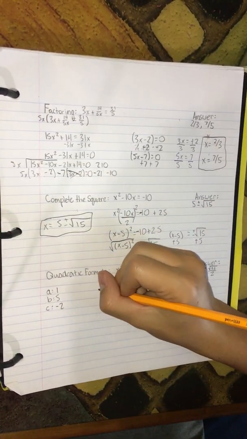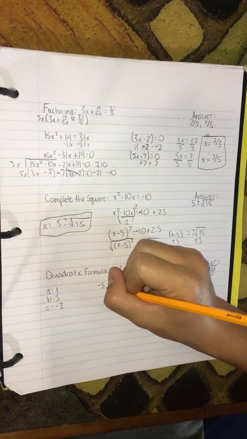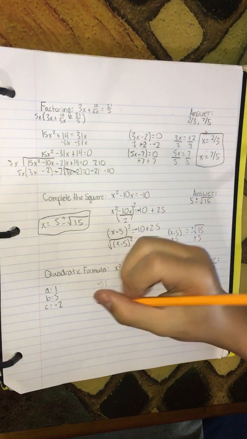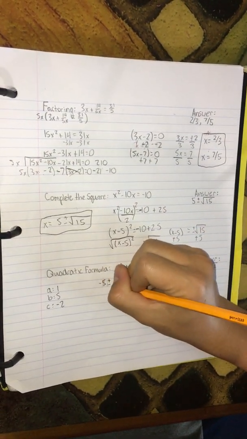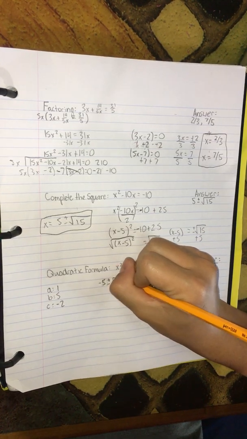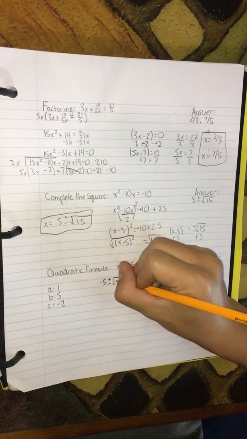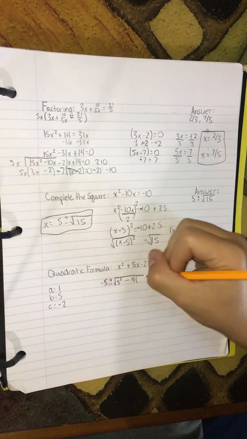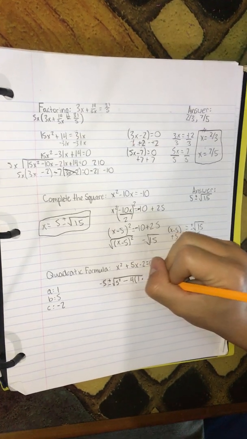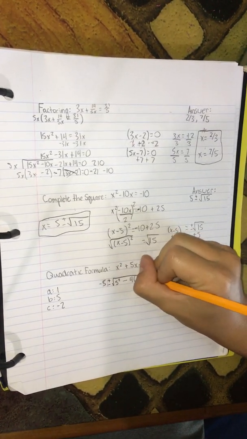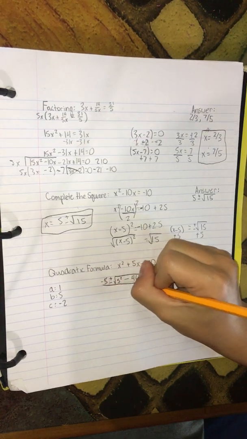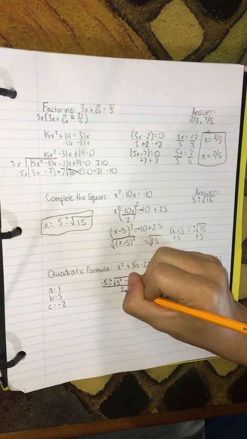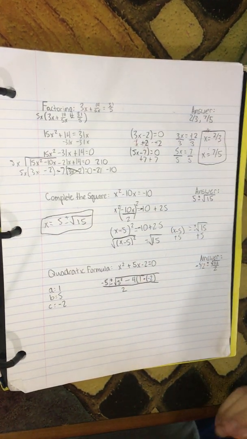So to plug it into the quadratic formula, the opposite of B, plus or minus the square root of B squared, which is 5 squared, minus 4 times 1 times negative 2, over 2a, which would be 2 in this case, because 2 times 1 is 2.